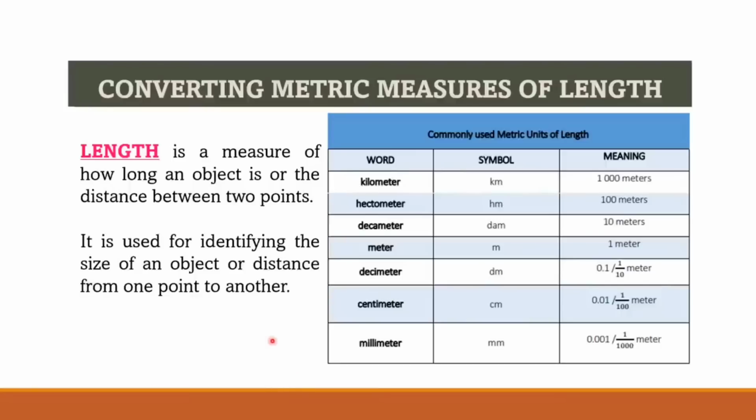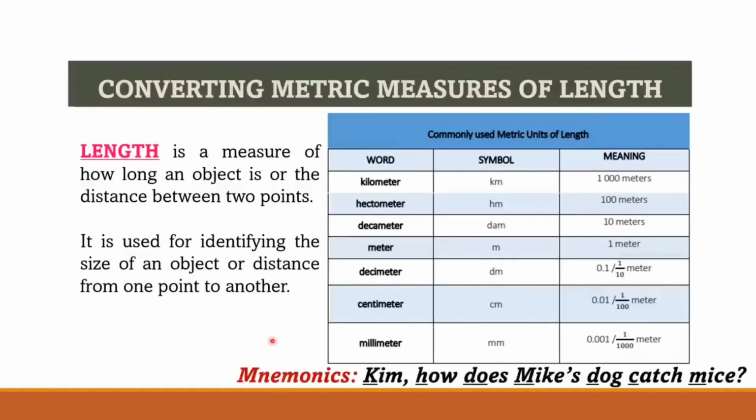For us to memorize that, we can use the mnemonics. Kim, how does Mike's dog catch mice? K is for kilo, H for hecto, D for deca, M for meter, D for deci, C for centi, and M for milli. So that is the arrangement of our prefixes.